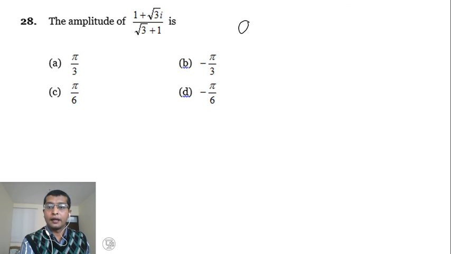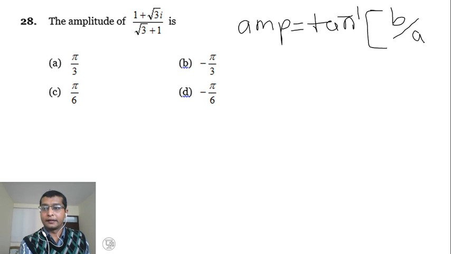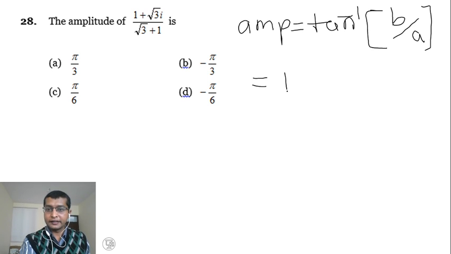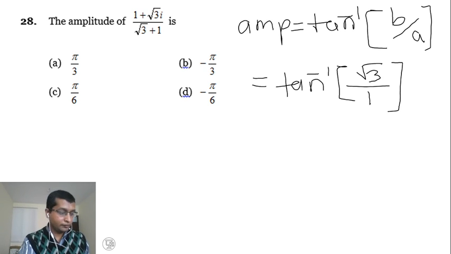So amplitude equals tan inverse B by A, right? Here I can write this as tan inverse of B, the i coefficient, root 3, and A, the real part of the complex number, that is 1.